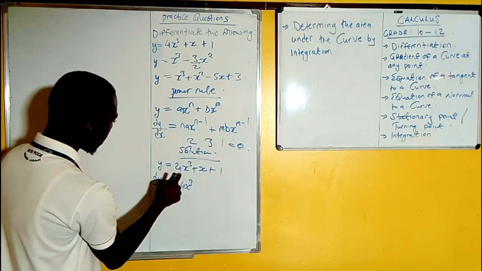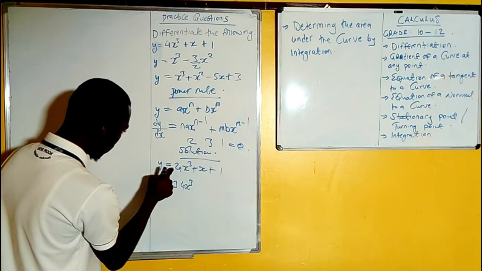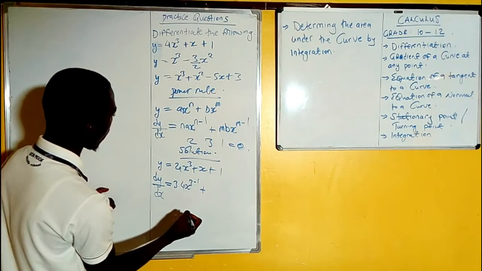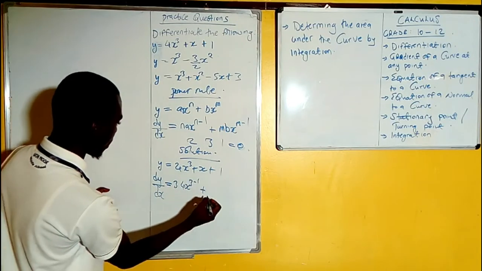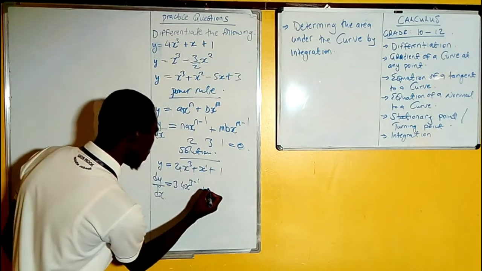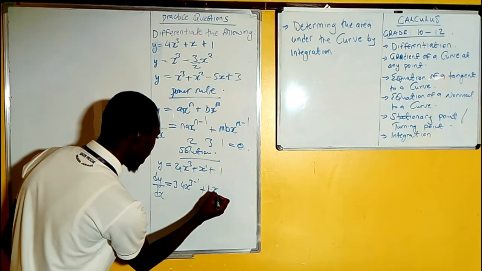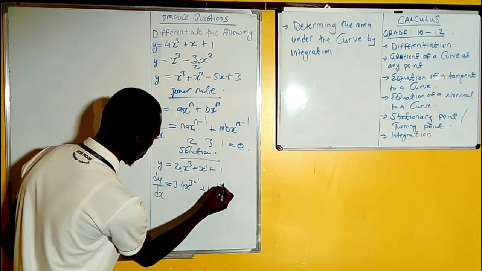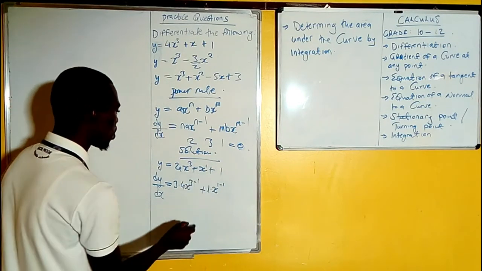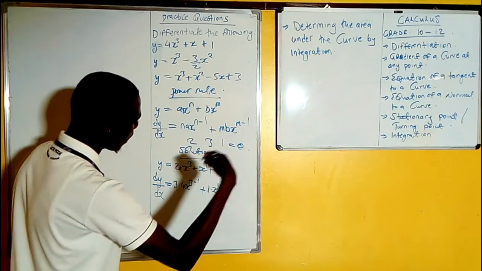Because we have brought it down, on top we reduce the power by 1. Then plus x, which has a power 1 that is silent, so we bring that 1, multiply it by x, to the power 1 minus 1. Then, like I said, when we differentiate a constant number like this one, just ignore it because it is 0.